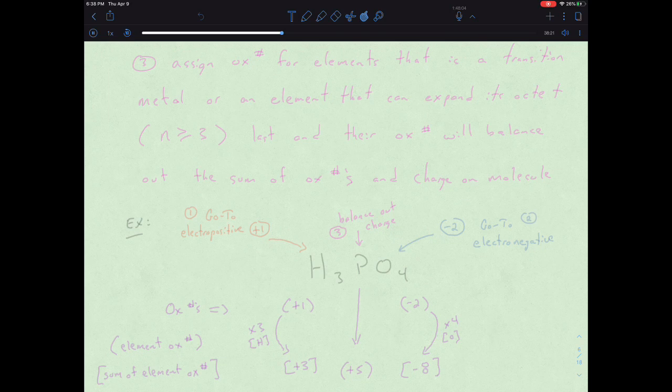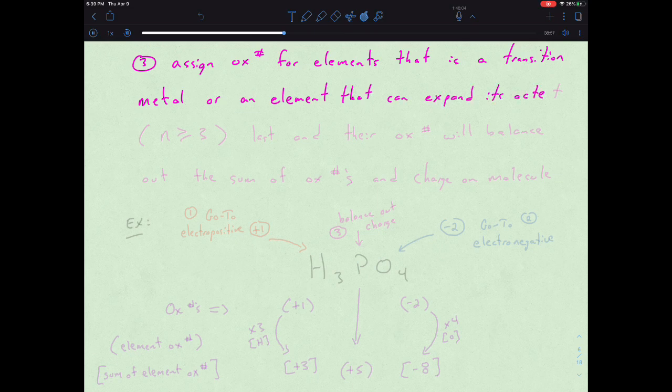Now, with what is left over, we want to assign the oxidation number for the element that is a transition metal, or an element that can expand its octet.